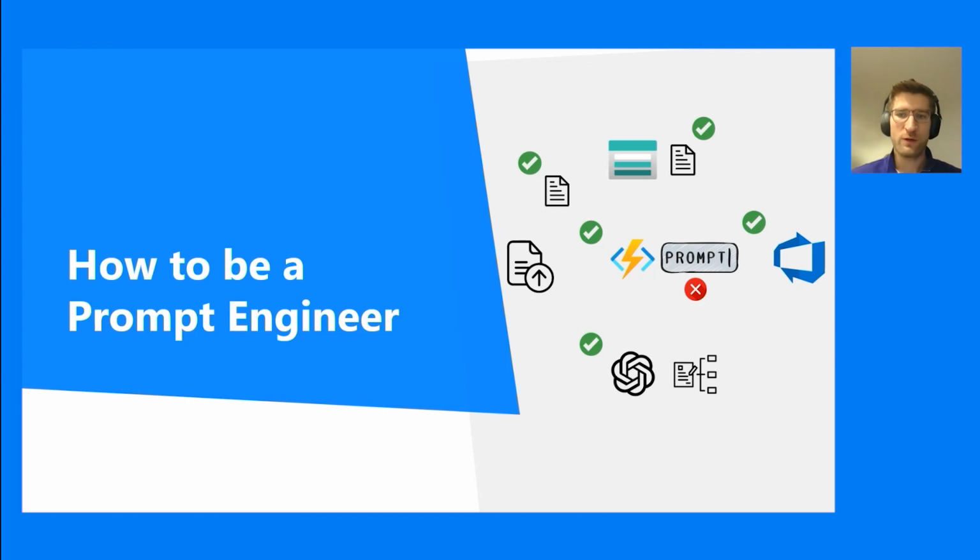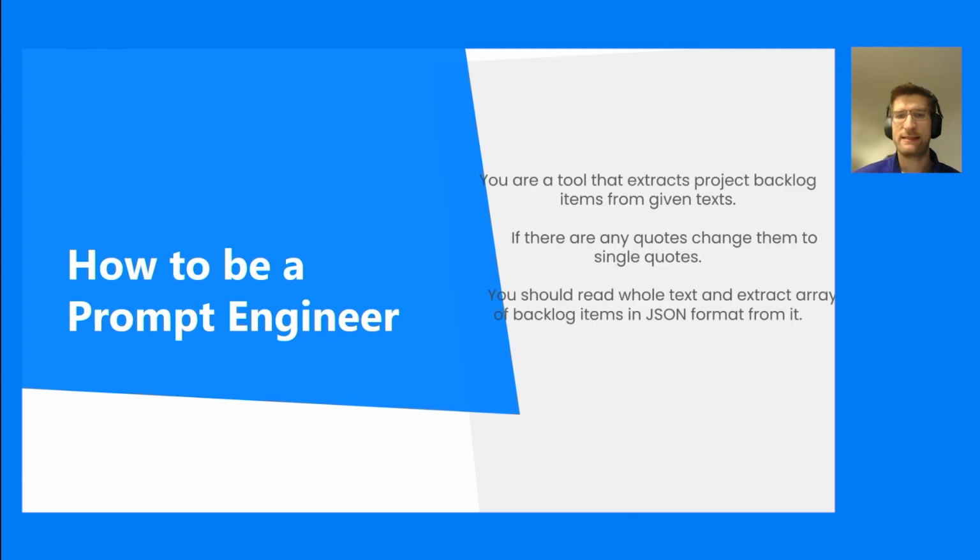Because we didn't know how to work with AI, at the end of the day, the backlog management helper didn't work. This is how our prompt looked like after 10 hours. 3 very poor sentences. And at that point, I knew that if we want to move forward with AI technology, we need to learn how to write good prompts for AI.